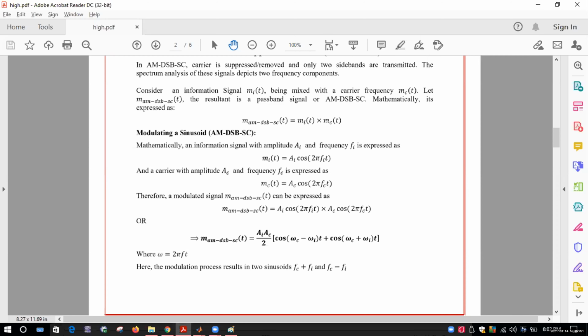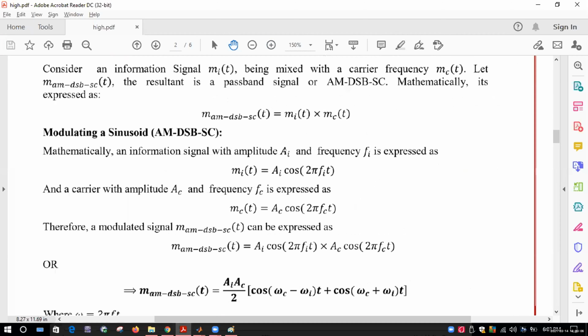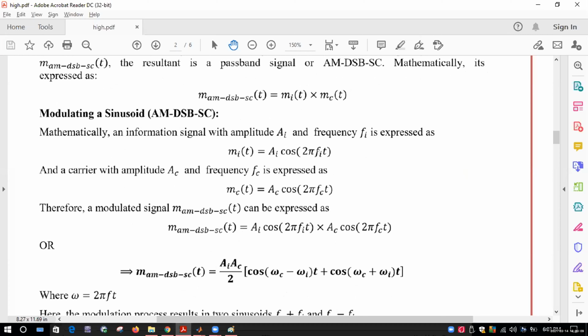To show you mathematically how it works, we have a message signal, which is Ai cosine omega t. Do you understand this? This is your message signal mi(t). And we also have the carrier, which is Ac cosine omega t. So we have a message signal and a carrier signal, and what do we do? Modulation, because we're mixing them, multiplying them.